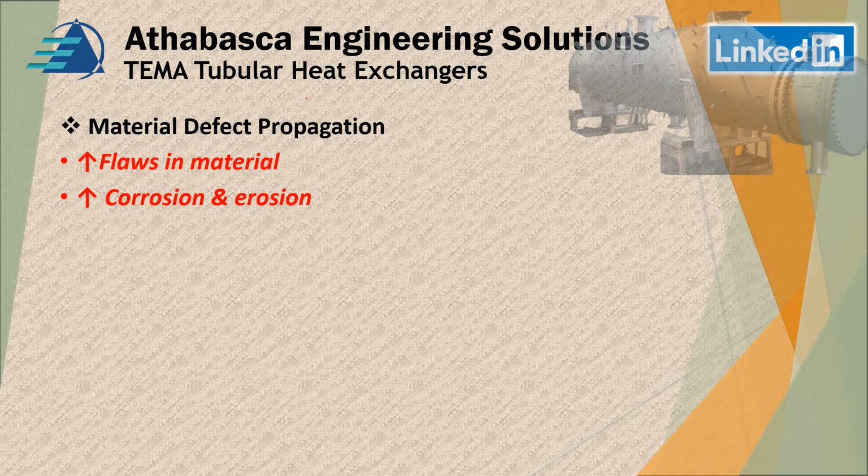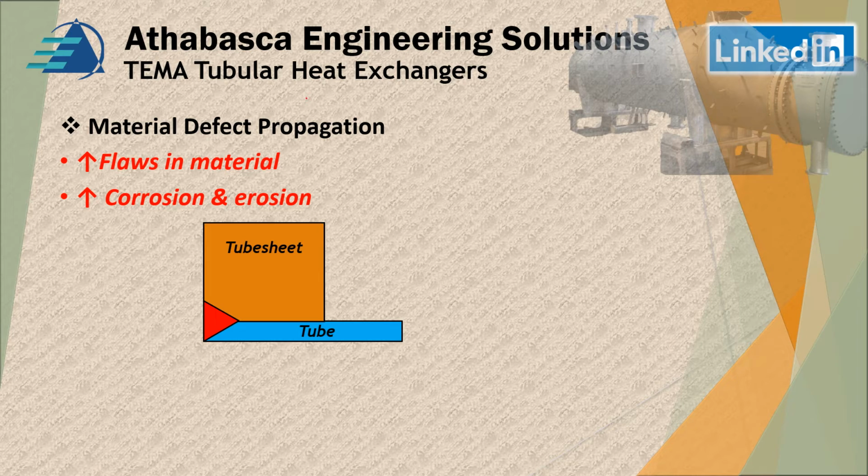So these are some issues. I want to create a drawing for you here, and I put one down so you more easily understand what I'm getting at. The red part there is the weld, and then I have a tubesheet, which is shown in orange, and then I have the tube itself.